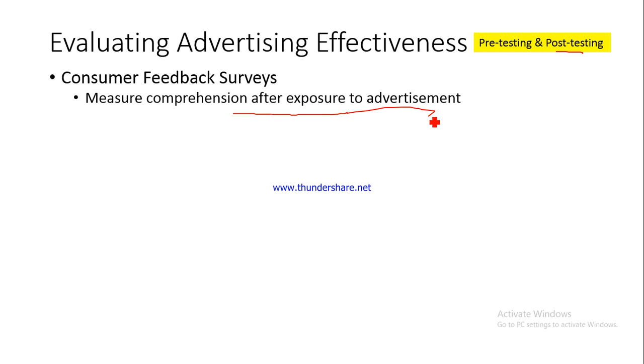Based on this, we would be able to understand whether our ad is effective in communicating the benefits of our product, and whether our ad is easily comprehensible by the target audience or not. And once we get these results, we would be able to further fine-tune our ad. So this is one thing that can be done in pre-testing phase.